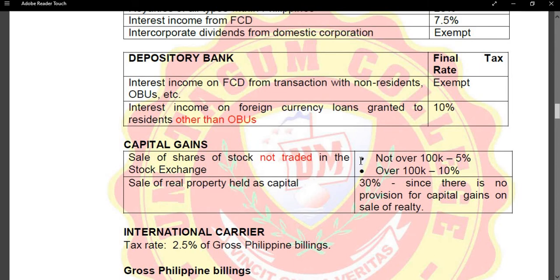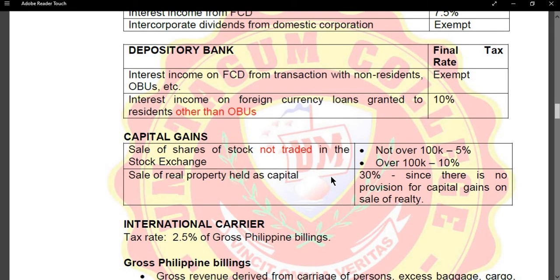Okay? So, if the gains of the sale of shares of stock is not traded, the tax will be like this one: 5% for not over 100,000 pesos, and for over 100,000 pesos, that's an additional 10%.